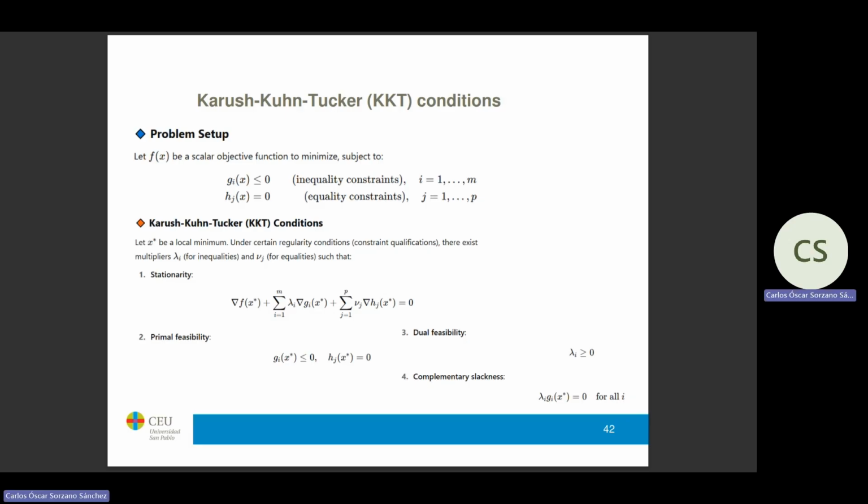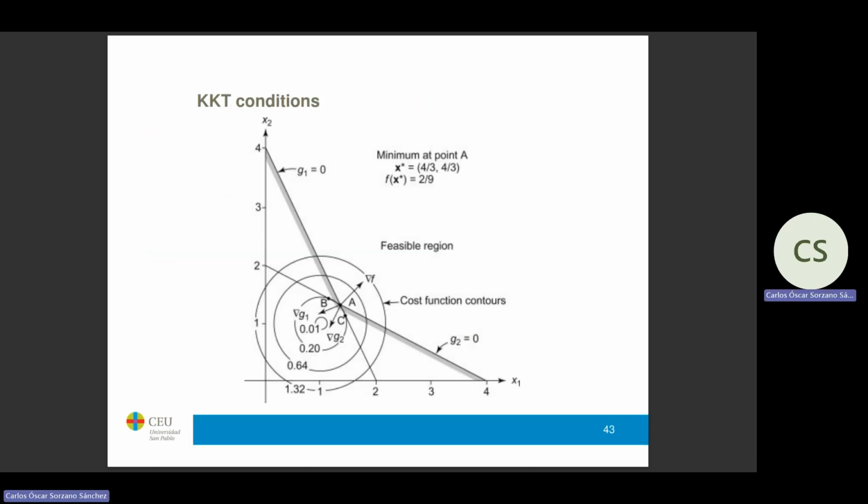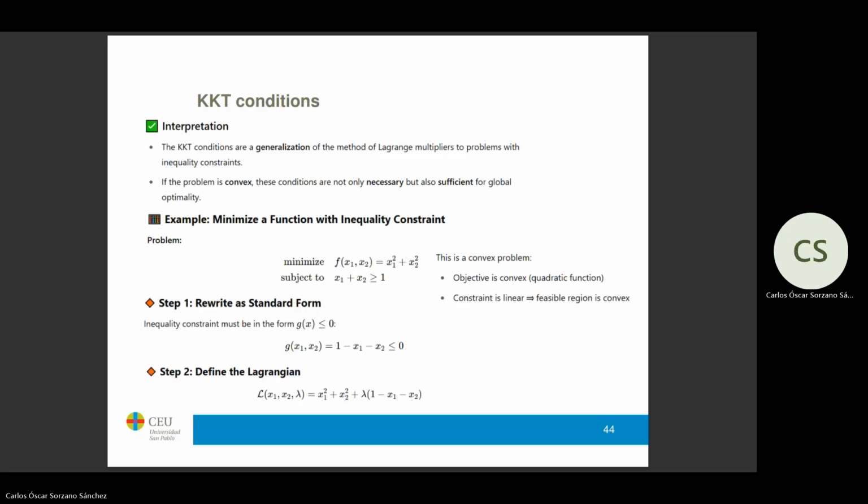But if the problem is convex, then that is a minimum point. So the function is convex and the constraint is linear, which is also a feasible region that is convex. Good.